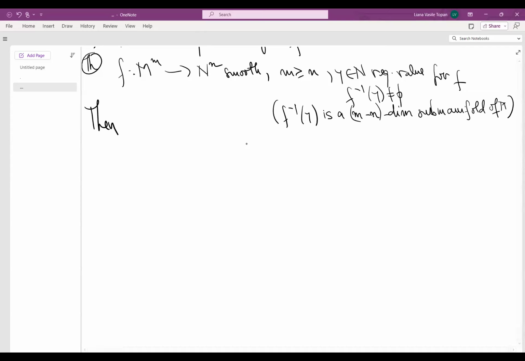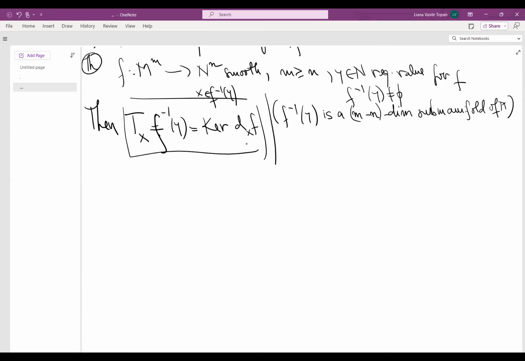Then the theorem claims that the tangent space at a point x of f inverse of y, of course x is a point on this manifold, is the kernel of the differential of f at the point x. Okay, so that's pretty nice.